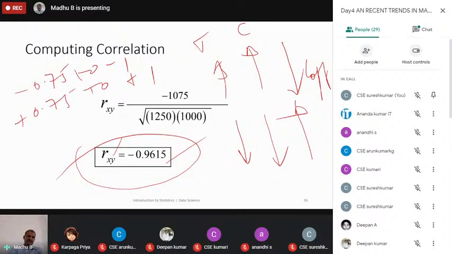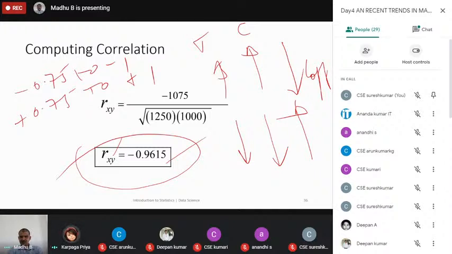To understand negative correlation: whenever the number of cigarettes smoked is increasing, the lung capacity is decreasing. That is why you got a negative value. Now, in the cool drink and coffee example, are temperature and coffee positively or negatively correlated?